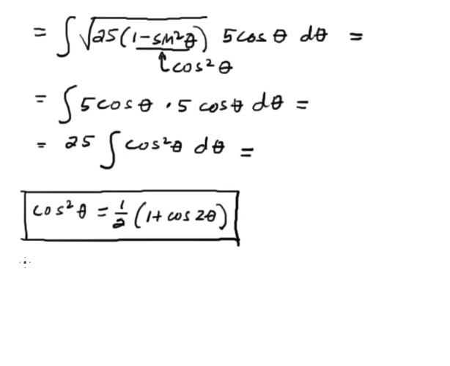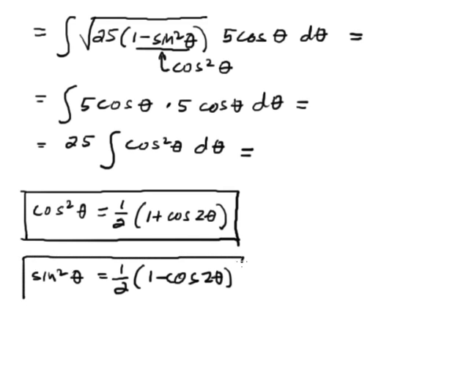And sine squared has a similar identity. I might as well put it down here for you. Sine squared theta is equal to 1/2 times 1 minus cos 2 theta. All right, this is called the half angle identity because on the left, theta is 1/2 of 2 theta on the right.